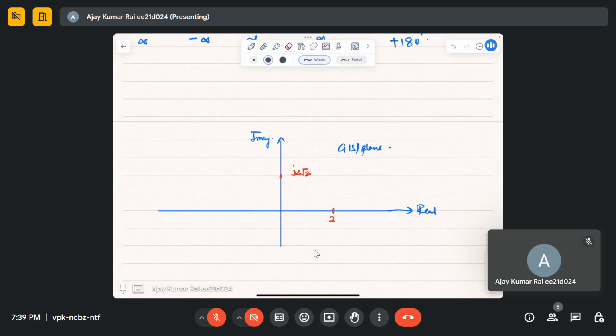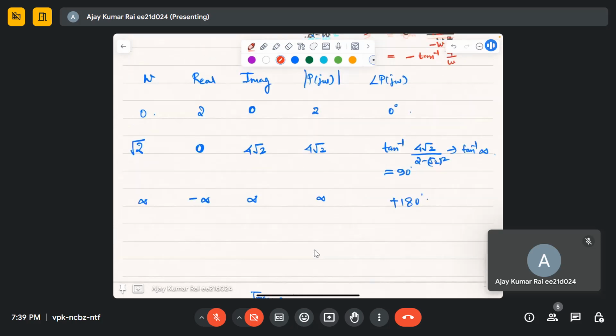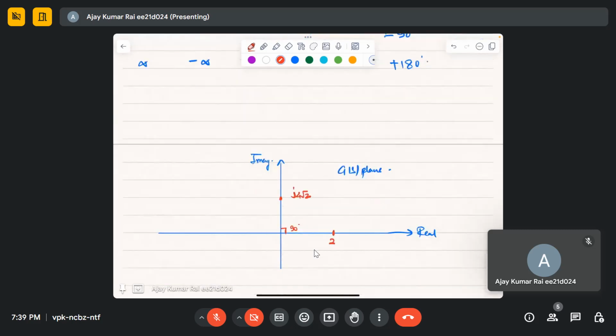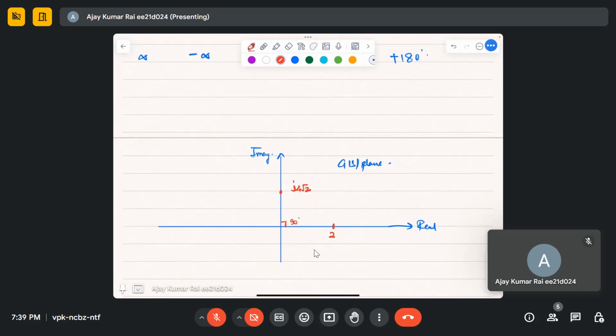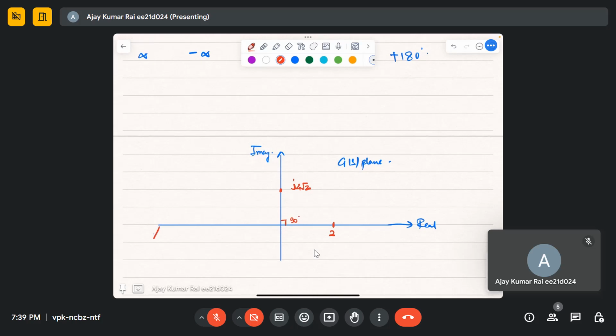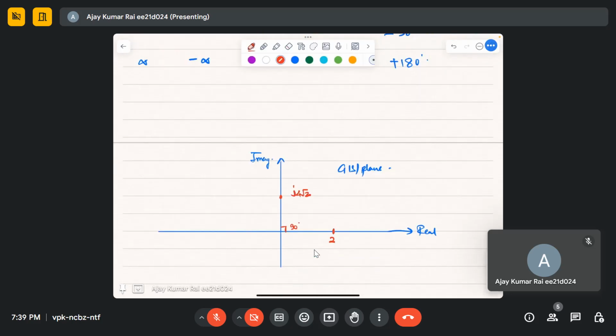This is also fine. And the last point I am getting is at infinity, minus infinity, somewhere here at this point. So how will this look?